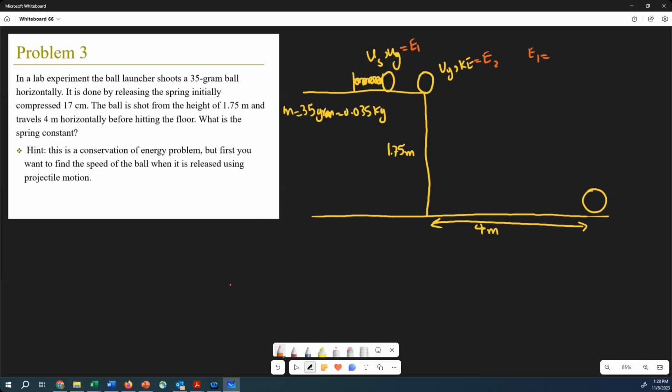E1 equals E2, it means that US plus UG equals UG plus KE. UG and UG cancel each other. So what I have is 1 over 2 K X squared equals 1 over 2 M velocity squared.